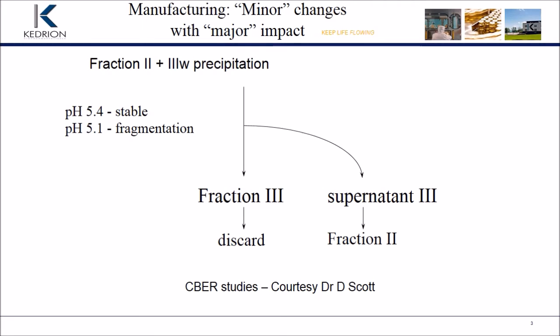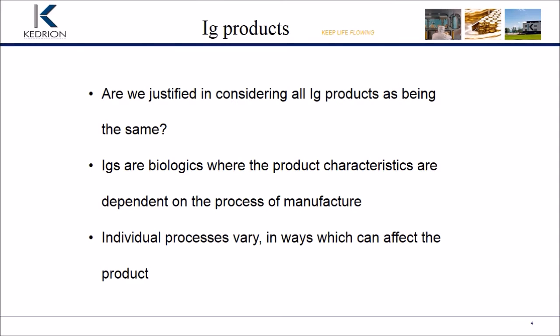This is extremely important because, as has been already pointed out by Isabella, immunoglobulin products cannot be considered to be generic precisely because of this reason. The variations in the manufacturing process, which are controlled to a large extent by manufacturers, but which are always going to be subject to change, result in different products.